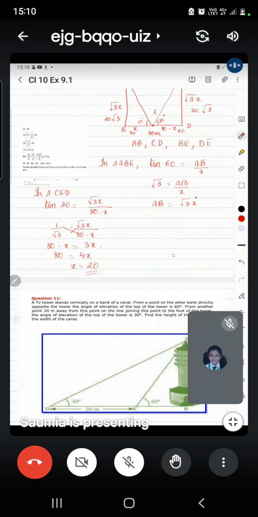Then you have another point on the other side, shown as point D. From there, the angle of elevation is 30 degrees. You have to find the height of the tower, that is AB, which is perpendicular, and the width of the canal, which is BC. These two you have to find out. So, how?